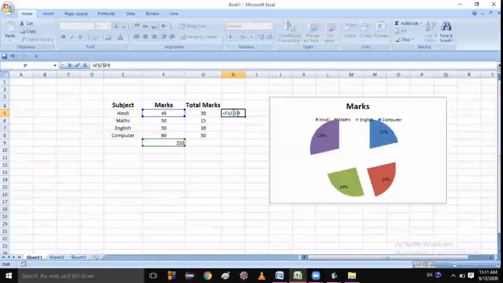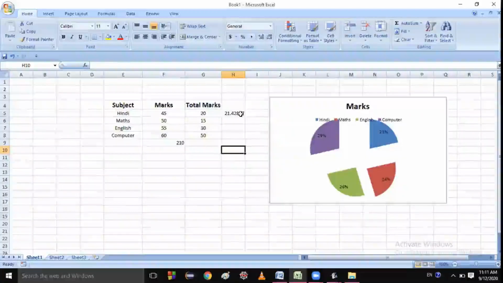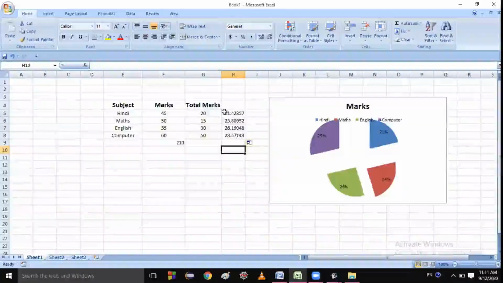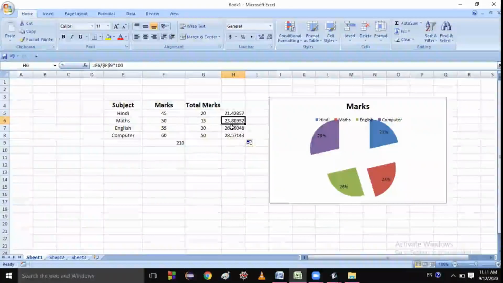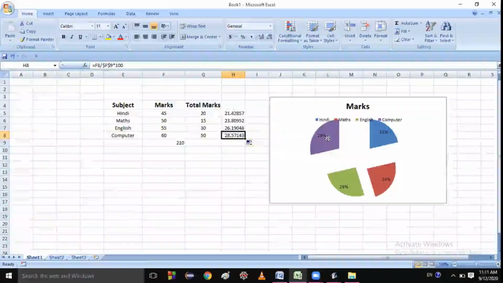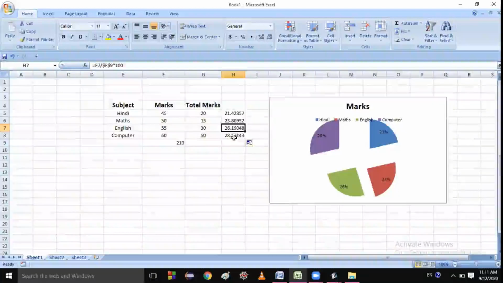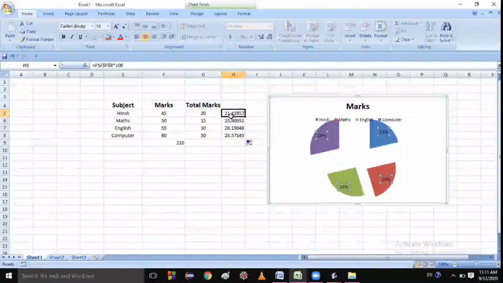You know absolute references. So this will be fixed, and after that there will be multiplication by 100. Just see here and increase this one. You can see the percentage like 21, 23, 26 and 28. So 28 becomes 29, 26 becomes 26% because it is not more than 5 after the decimal, and this becomes 24, and this becomes 21.